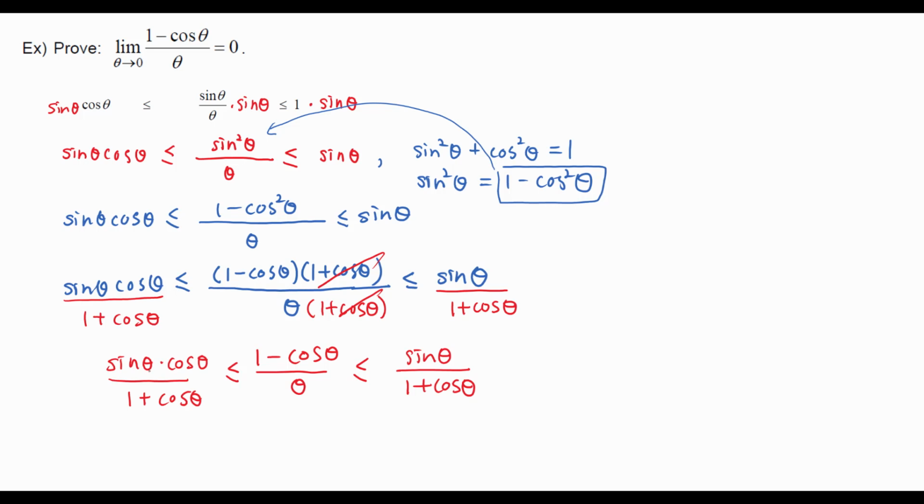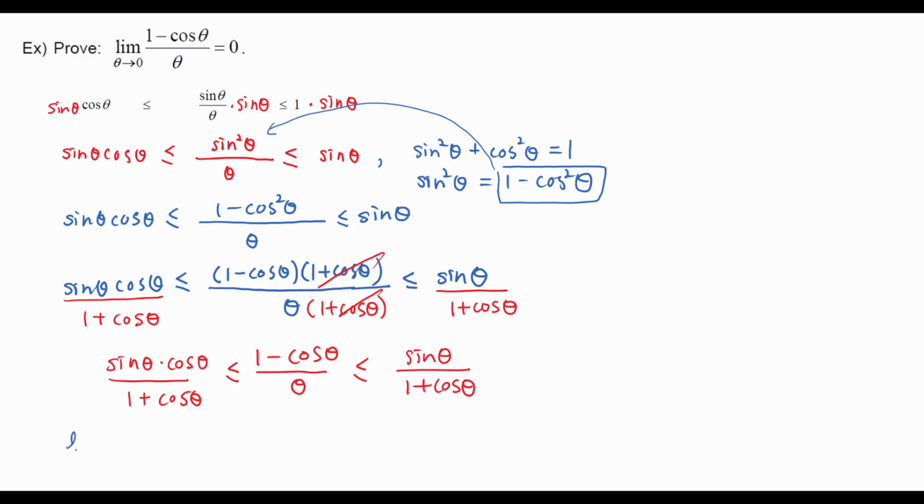So now you have sine theta cosine theta over 1 plus cosine theta less than or equal to 1 minus cosine theta over theta less than or equal to sine theta over 1 plus cosine theta. So now to find the limit of 1 minus cosine theta over theta as theta approaches 0, I'm going to use the Squeeze Theorem.